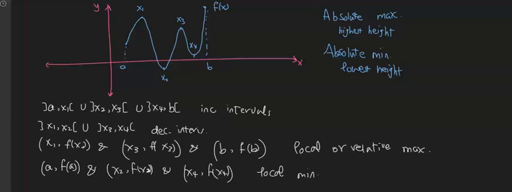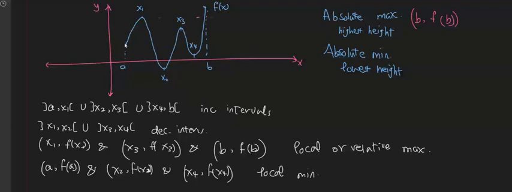So we will say the absolute maximum or the tallest height is going to be at x equals b, right? So at b and f of b, we have the absolute maximum point with the absolute value of the function, and the minimum, it's at x4 at a.